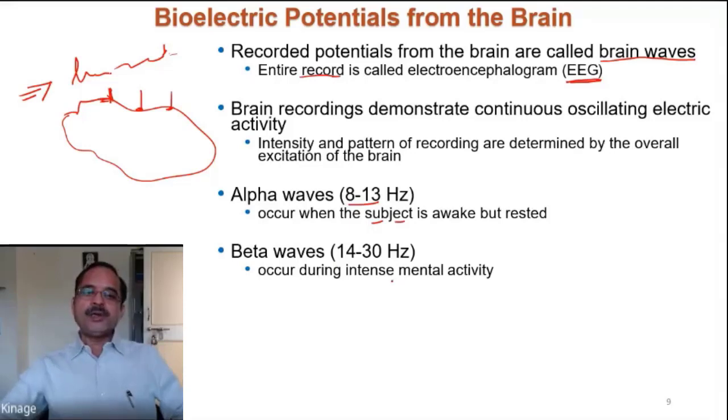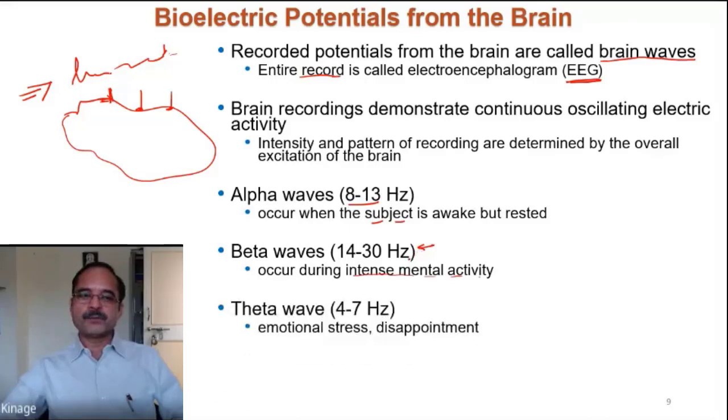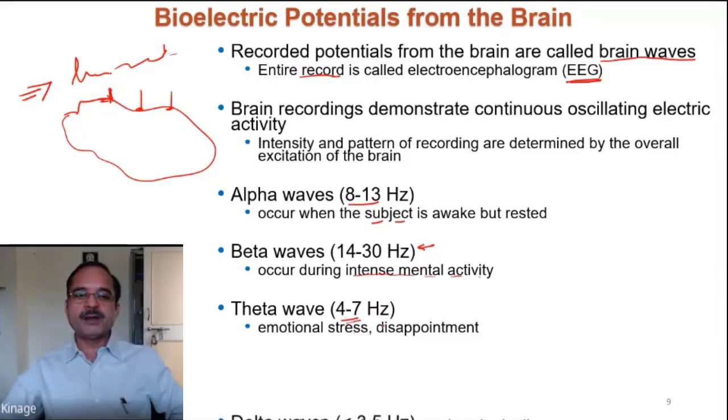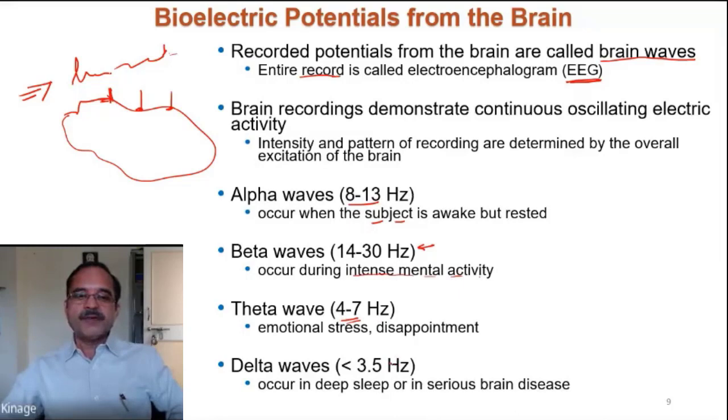If we are undergoing intense mental activity, then the frequency range is somewhat higher, that is 14 to 30 hertz. Whereas theta wave corresponds to emotional stress or disappointment, and that range is around 4 to 7 hertz. The delta frequency is less than 3.5 hertz.